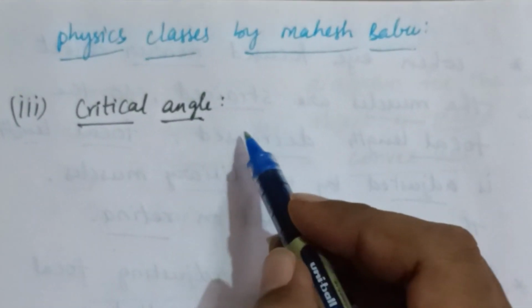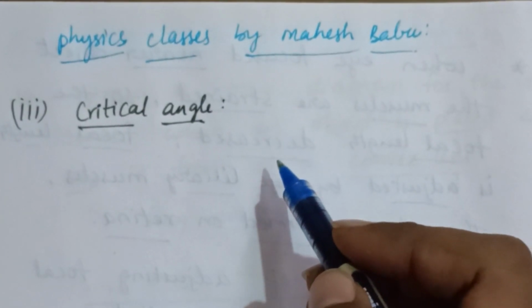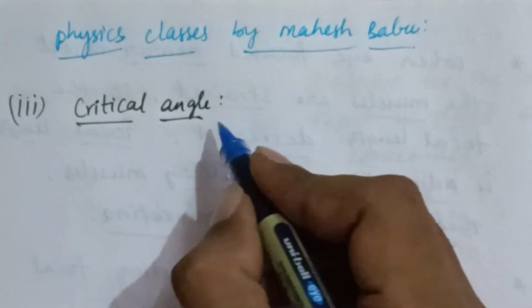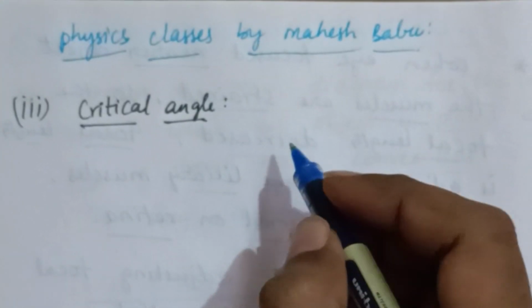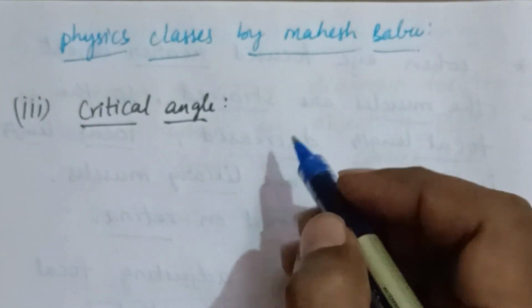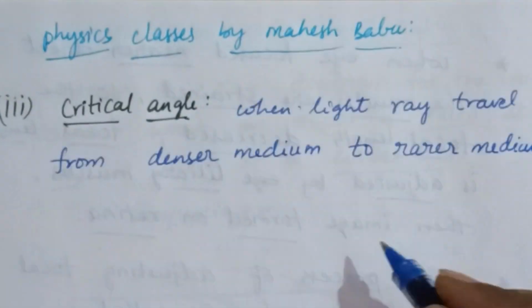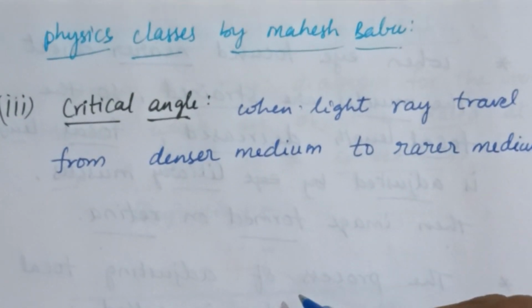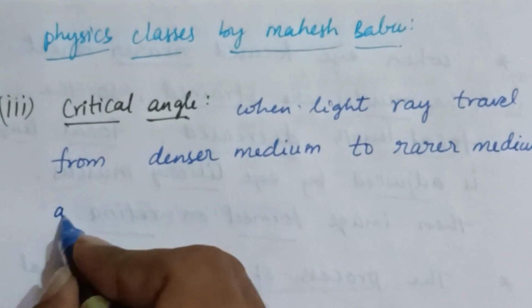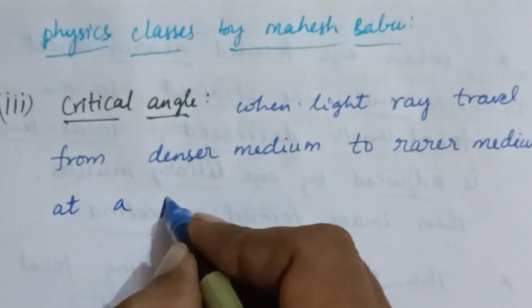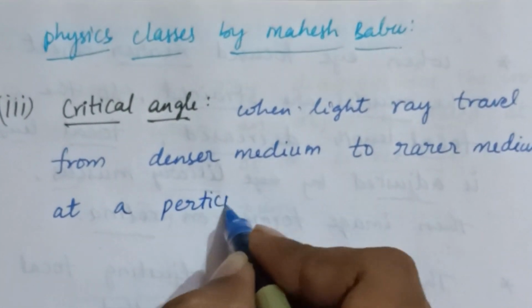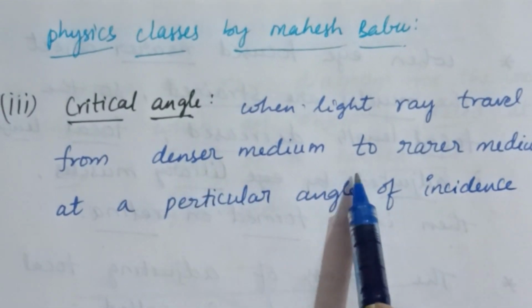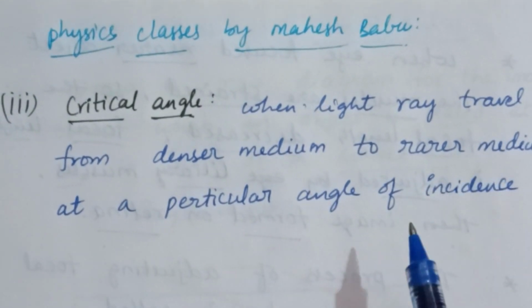Next one is critical angle. Critical angle means: when a light ray travels from denser medium to rarer medium at a particular angle of incidence. Generally, when a light ray travels from denser medium to rarer medium, it bends away from the normal.